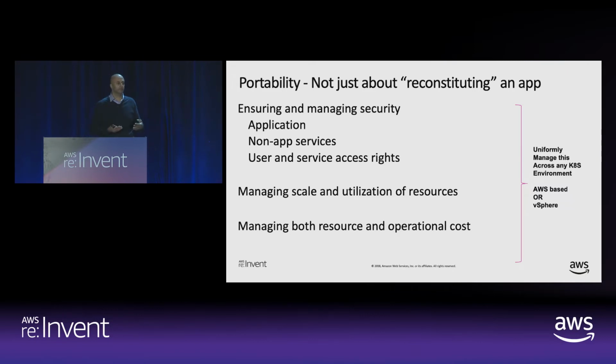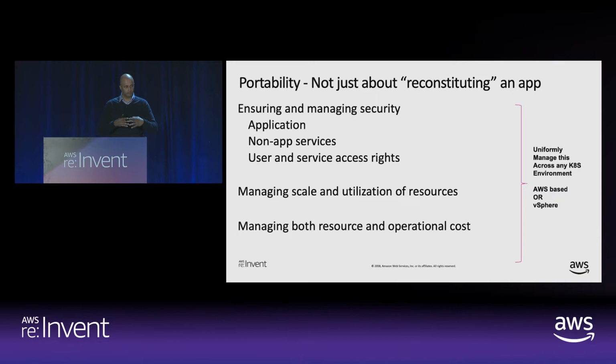And finally, you want to be able to actually manage some of that security, whether it's application-based or even giving users different access rights to the containers or the clusters specifically, and keep that consistent across your on-prem and in Amazon, right, locations. So that's what I think of when we talk about portability, right?